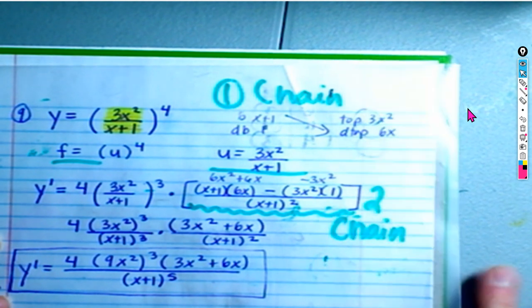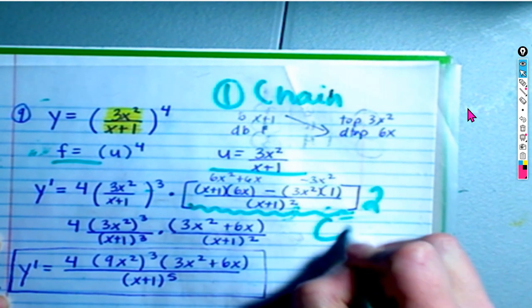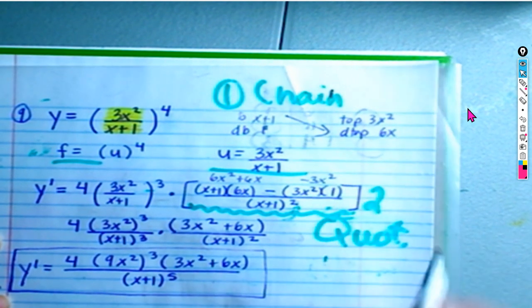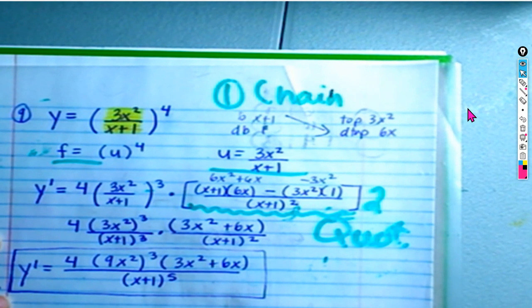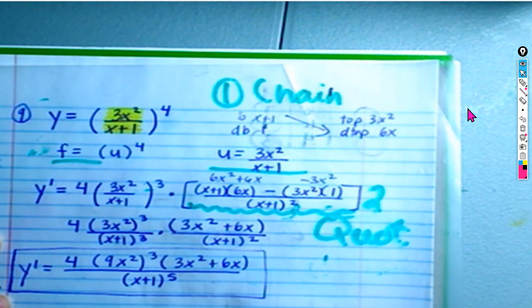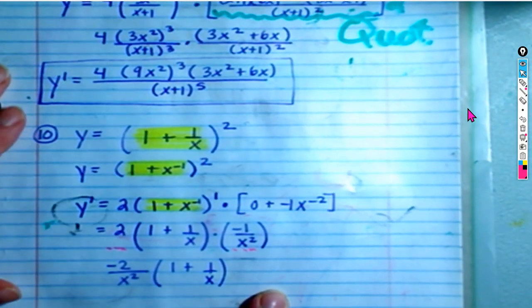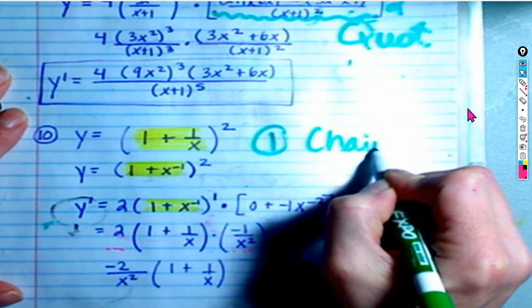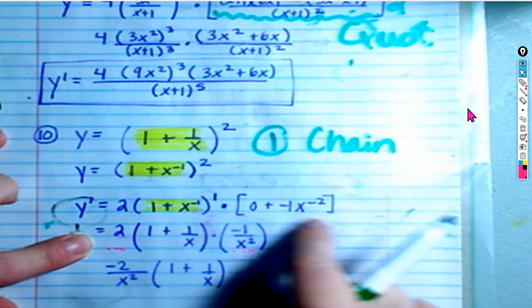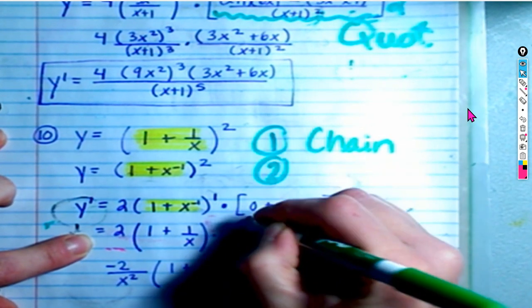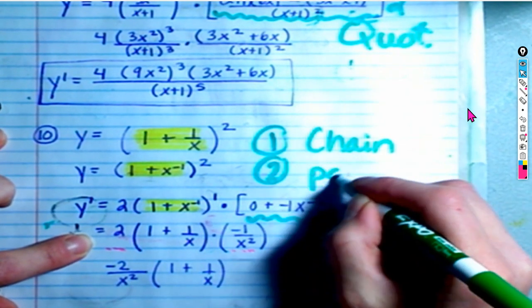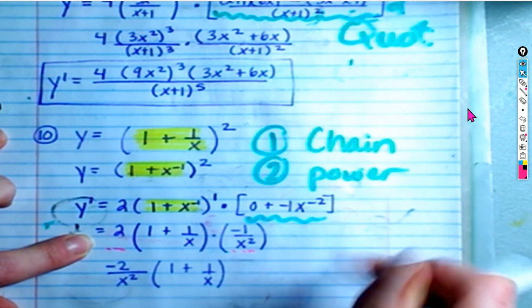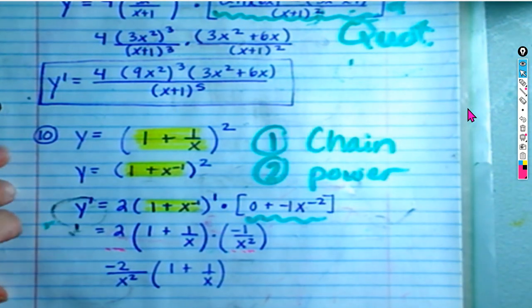Oh, sorry. Quotient rule. All right, last but not least, the first thing I did was chain rule, and the second thing I did right there was just power, just regular derivative.